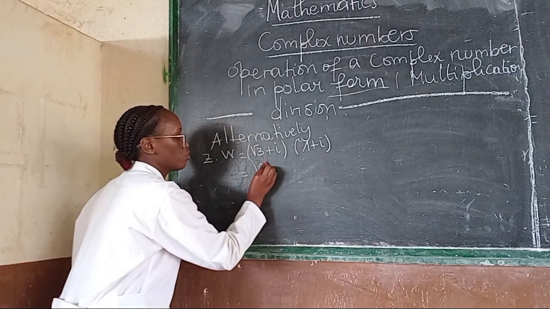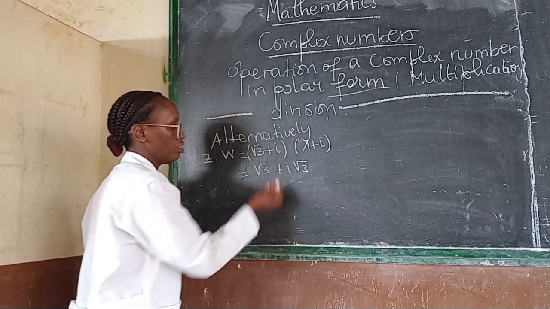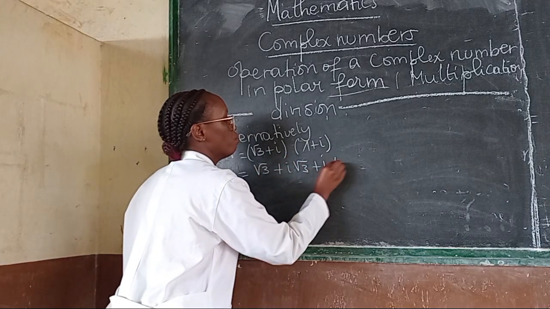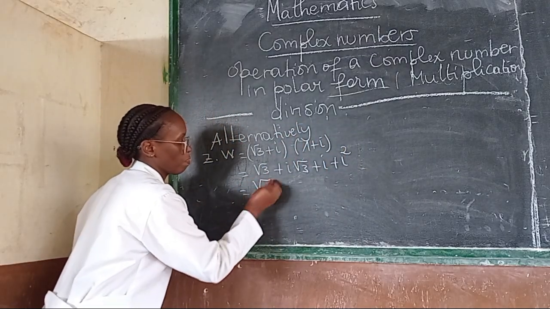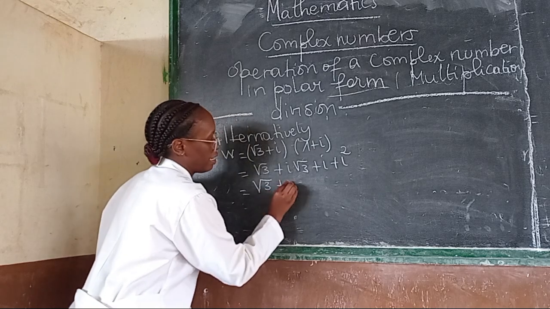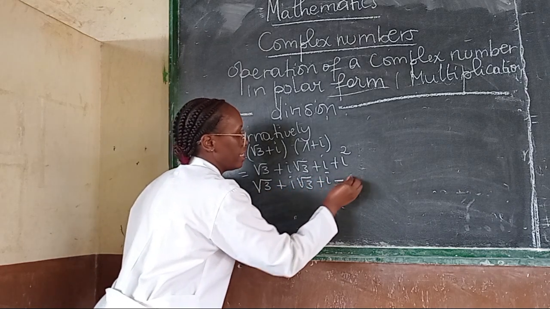So we know how we deal with multiplication. We will have square root of 3 plus I square root of 3 plus I squared, which will give us square root of 3 plus I square root of 3 plus I negative 1.